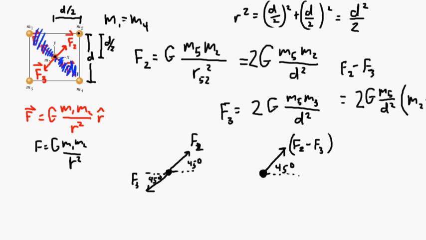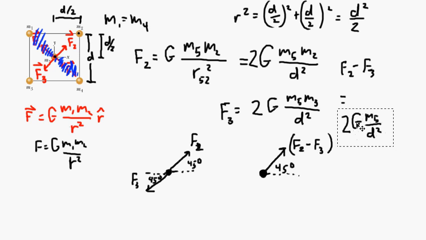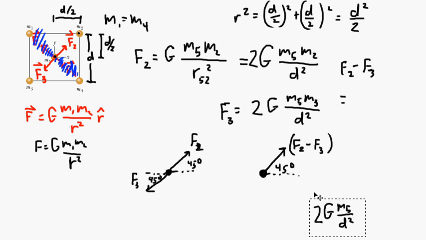I already ran off the edge, so let me move this a little. There we go. Probably should just redraw the whole thing. F2 minus F3 equals this times m2 minus m3.